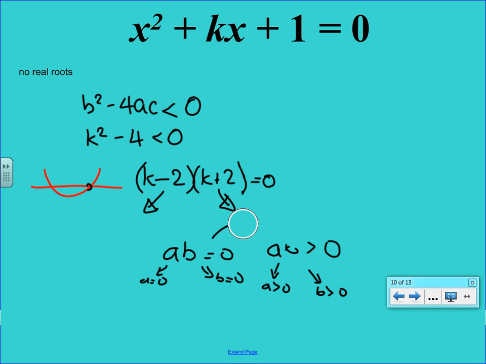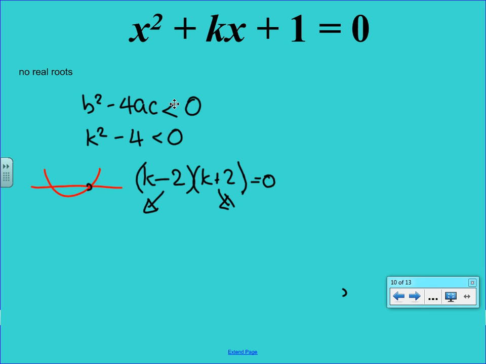So what we need to do is look at the graph. And not be tired when we talk to students. Well, we know that when it is 0, the points are k equals 2 and k is minus 2. And then we're looking at where that quadratic, this one here, is less than 0, which is all of this bit here.